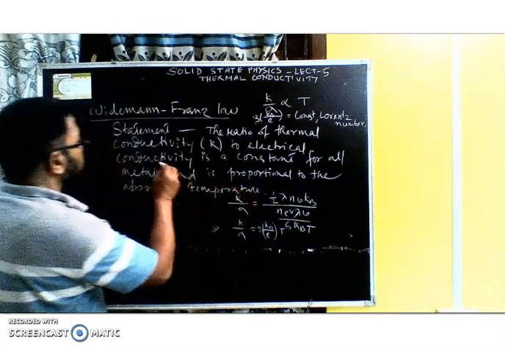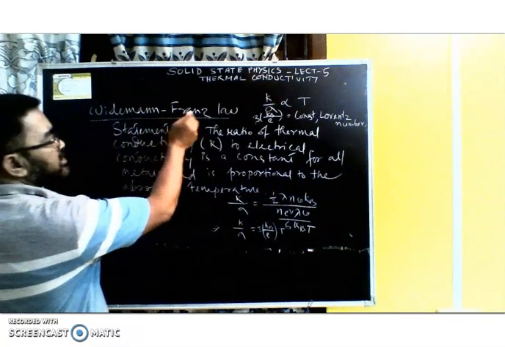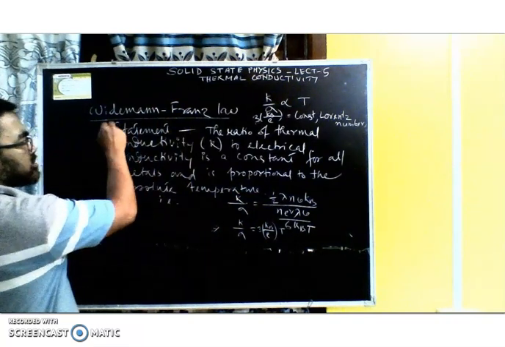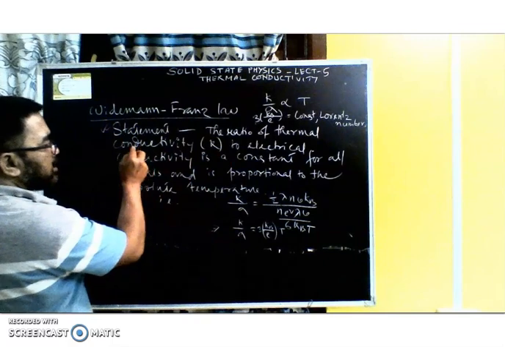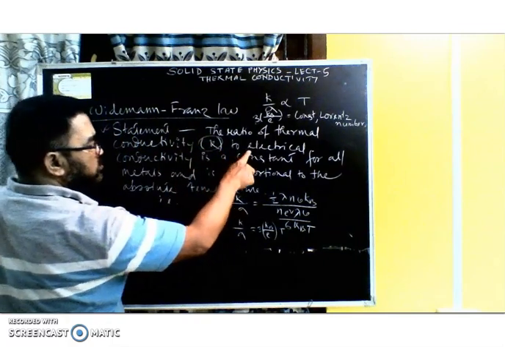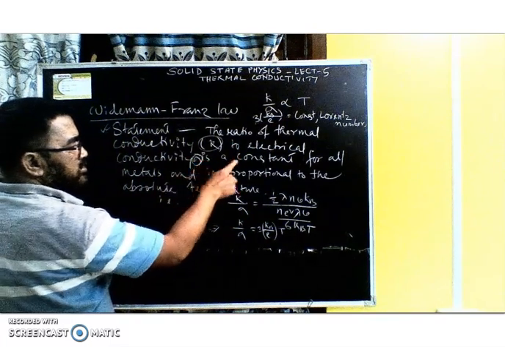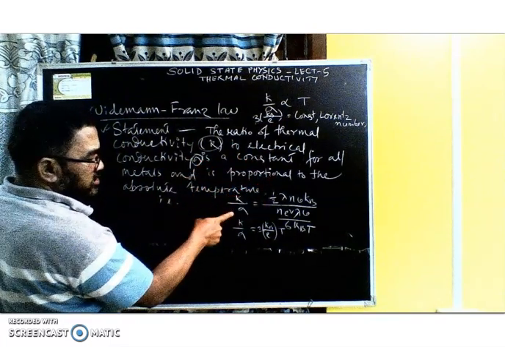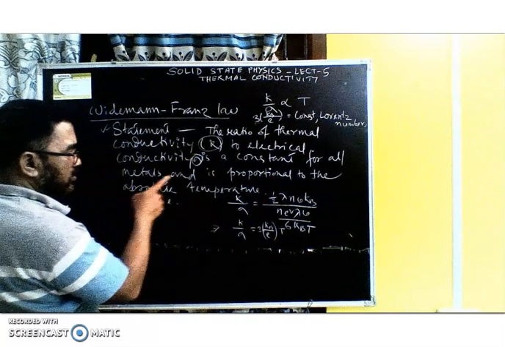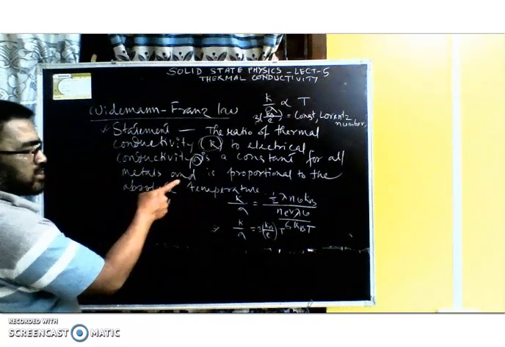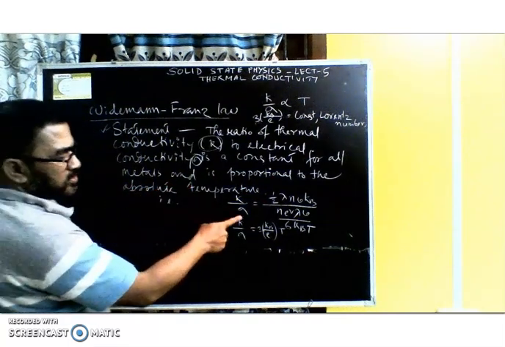So the next point is the Wiedemann-Franz law. According to the statement, the ratio of thermal conductivity K to the electrical conductivity sigma is a constant. That is, this ratio K by sigma is a constant for all metals and is proportional to the absolute temperature.